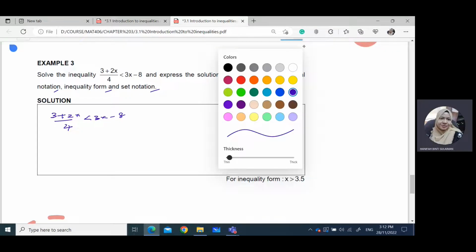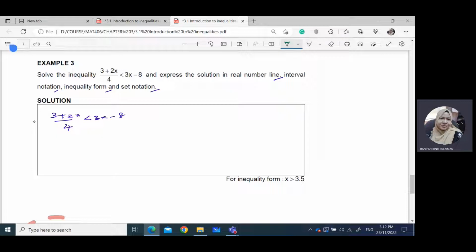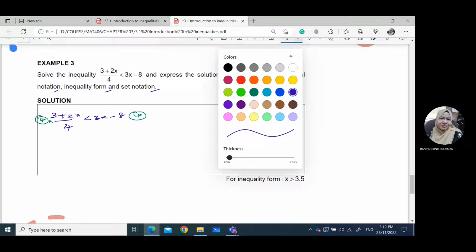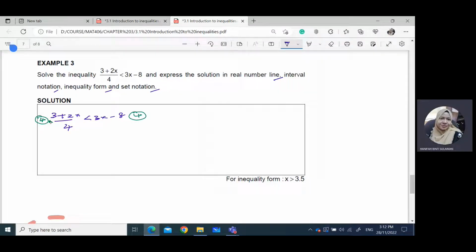Okay. Right, so first what we need to do here is we need to multiply all the terms by 4. Okay, so kita darabkan semua dengan 4. So kita nak dapatkan 3 plus 2x saja. Okay, so we need to multiply 4 in the left hand side and in the right hand side. Kita darabkan dengan 4 juga. Alright, so now 4 times 3 plus 2x over 4.